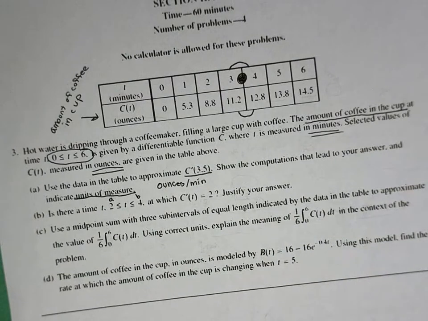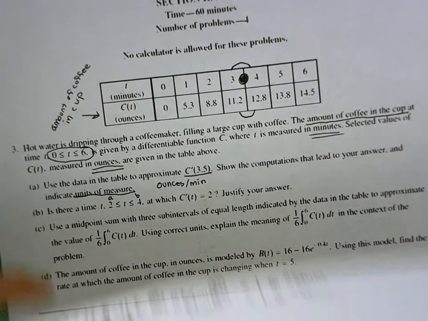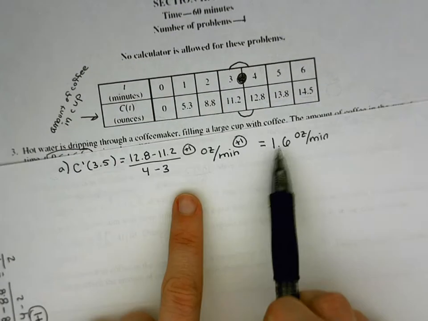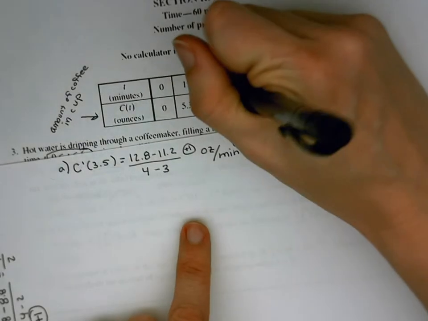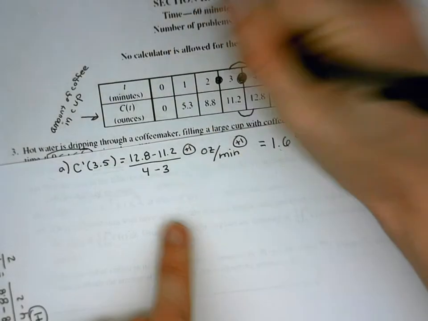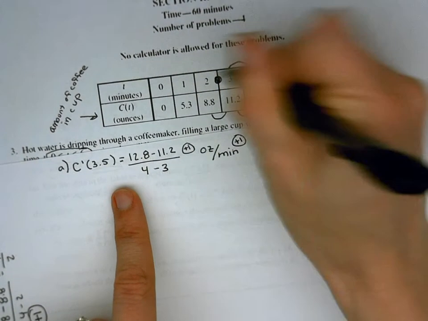The other route that my brain took when I did this was using approximations, identifying that 3.5, which we had identified earlier, our derivative at 3.5, remember this in part A was 1.6. So I approximated my derivative at 2.5 as well, using the same technique. It would have been 8.8 minus 11.2 over 2 minus 3.